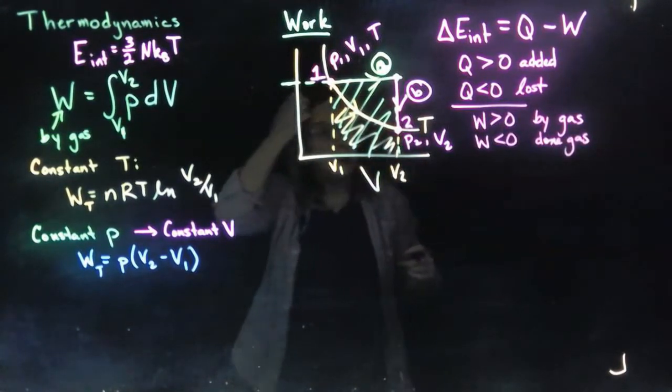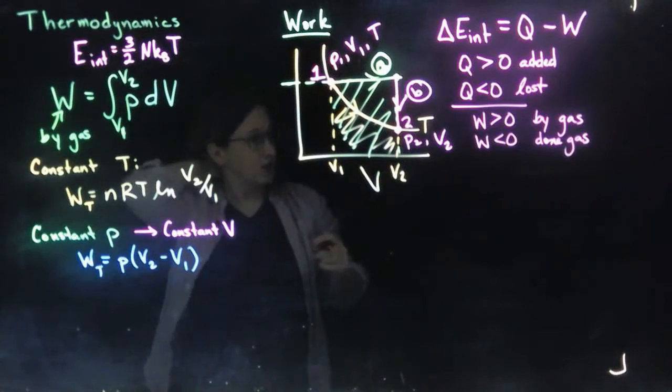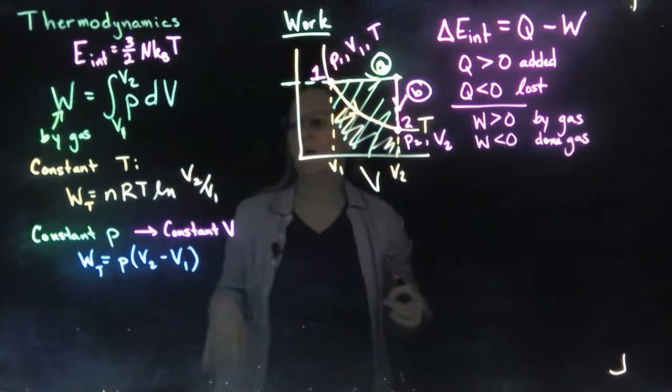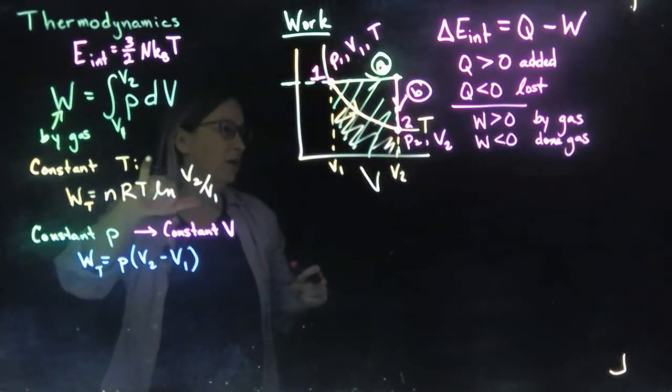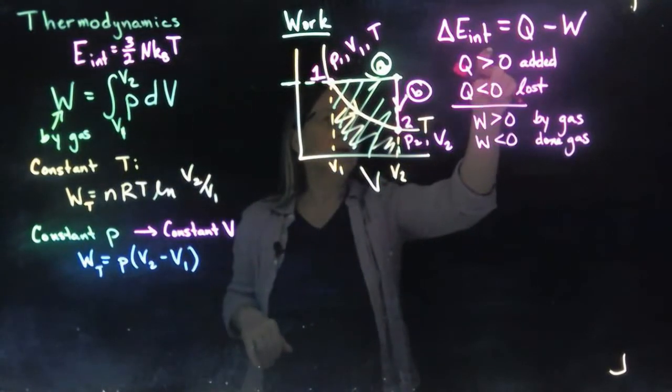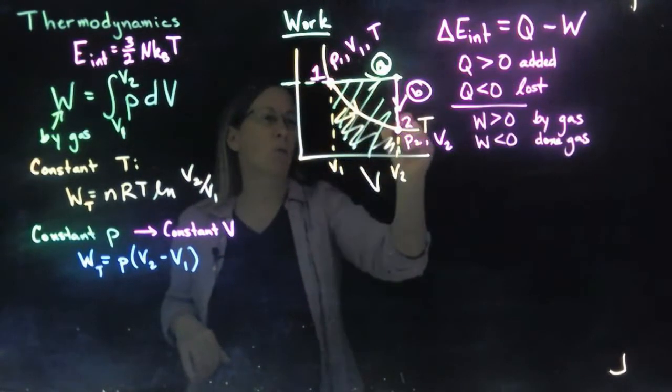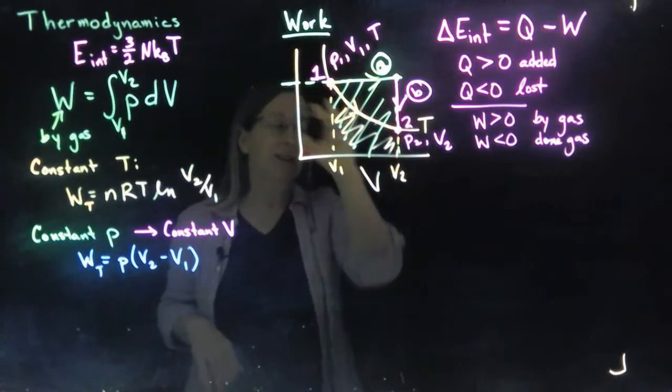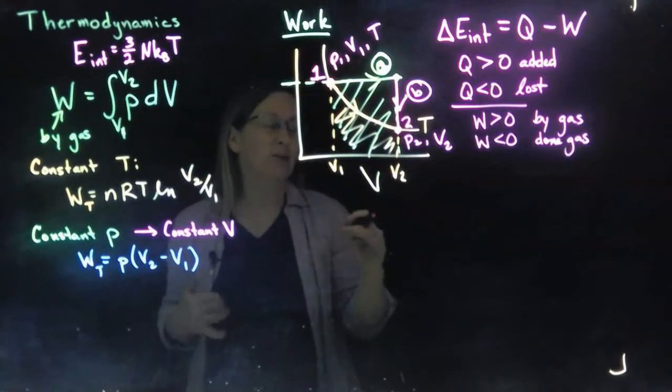Okay, so as I said, we could have a situation, and that's what we have here. If the temperature is constant, the change in internal energy as we went from 1 to 2 is not only the same, but it's 0. So let's look at this.